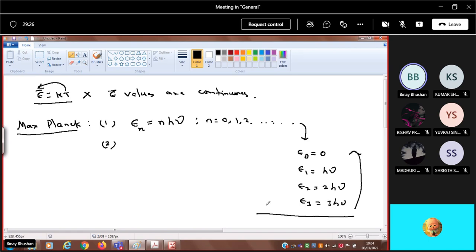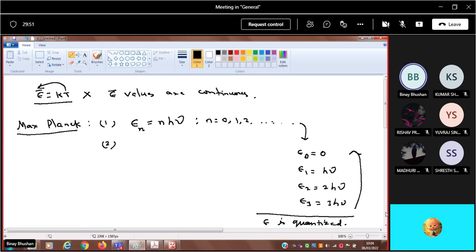The energy of an oscillator, epsilon, is quantized. That means it can have only certain values. That's the meaning of quantized. It cannot have continuous values.